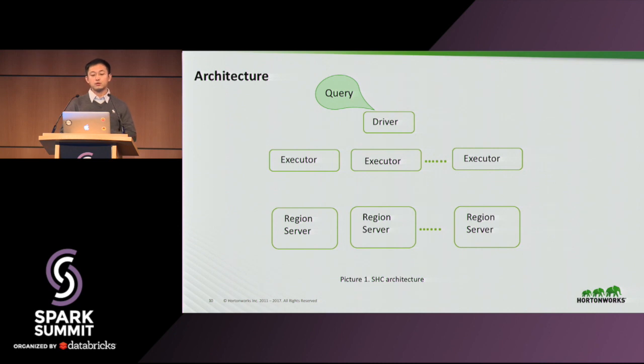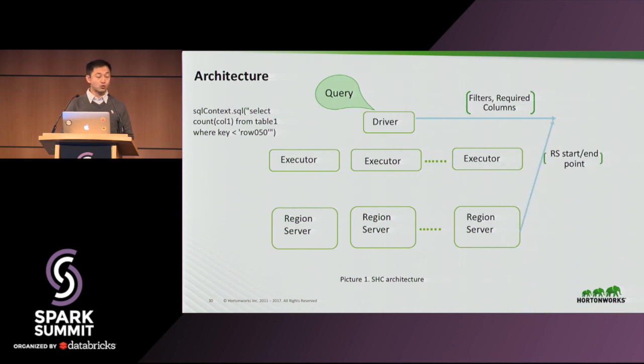When a query comes in, the driver gets the query, like a Spark SQL query, for example, select something from one table. The driver can translate the SQL query and ask Catalyst to understand which partitions and which region servers you need to get data from.